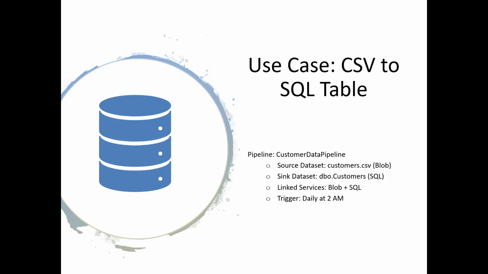The components we're going to use are: a pipeline, with the example value customer data pipeline; activities, which is going to be a copy activity; source dataset, which is a CSV file from Blob; sink dataset, which is a SQL table in Azure SQL; linked services, which are Azure Blob and Azure SQL. Then we have our trigger, which is going to schedule it daily at 2 a.m.